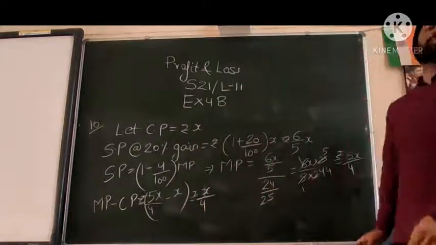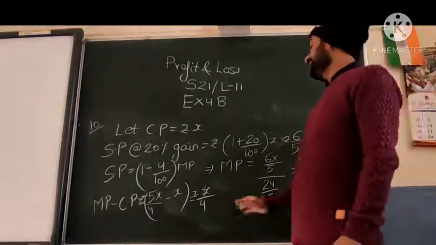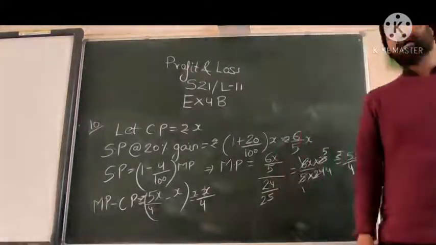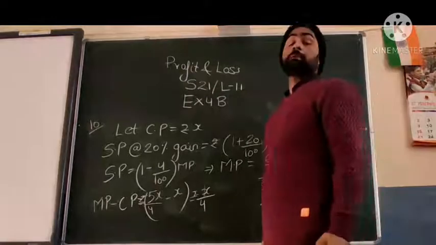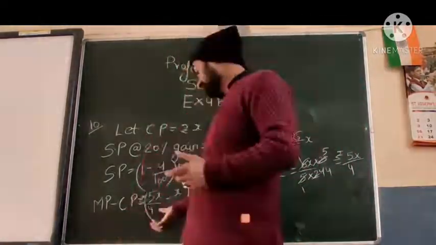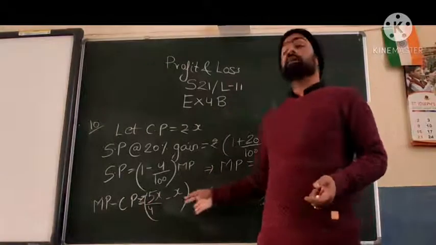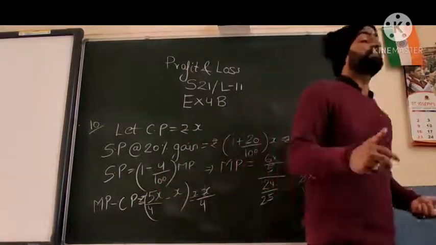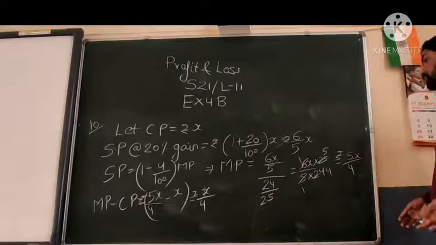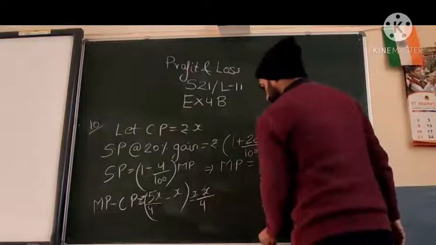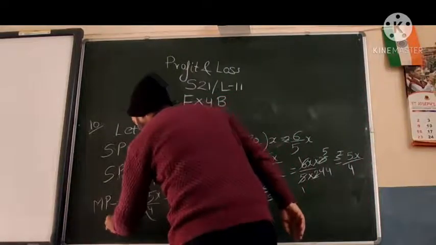Now the difference is this. It is saying we have to find how much it is marked above the CP. So we have to compare the difference with respect to CP only. So x by 4 is how much percent of the CP?